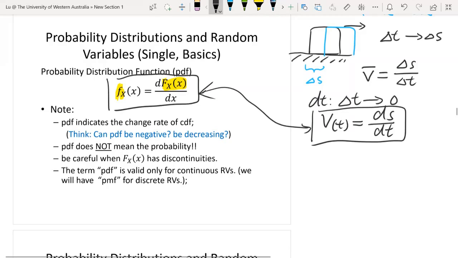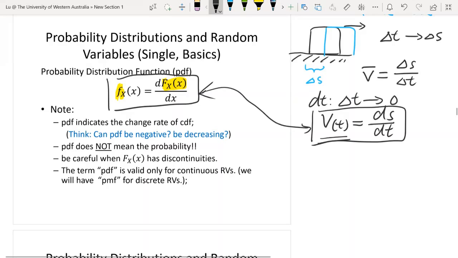The meanings behind these two formulas are similar as well. We said the velocity is a measurement to the displacement of the package within a very small time interval dt. In other words, the velocity is the change rate of the position of the package within a small time interval.